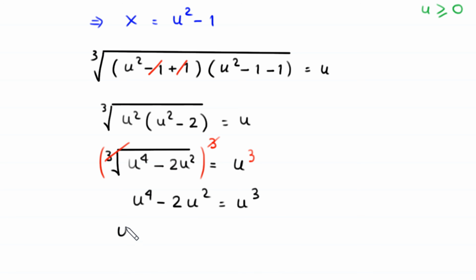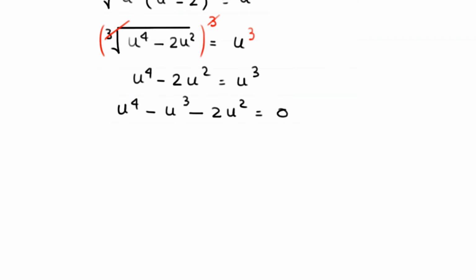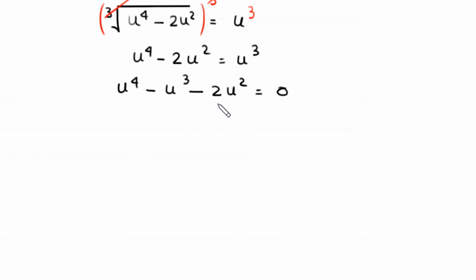This will become u to the power 4 minus u cubed minus 2u squared equal to 0. Now we can factor out u squared from here. u squared as common factor, in bracket left u squared minus u minus 2 equal to 0.